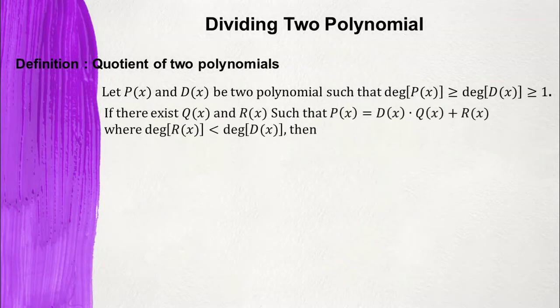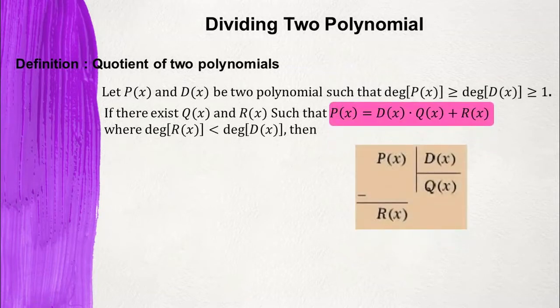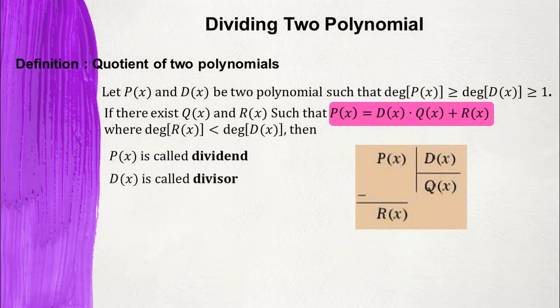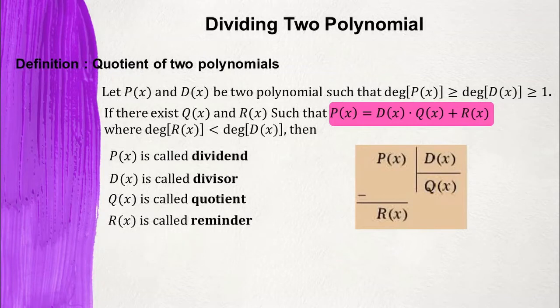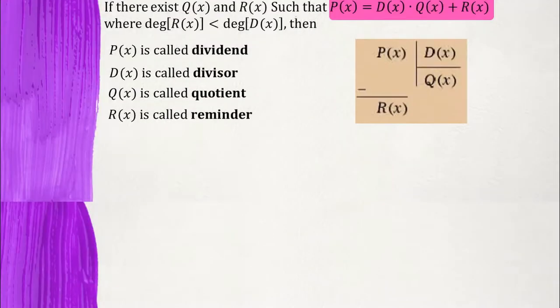If there exist k(x) and r(x) such that p(x) equals d(x) times k(x) plus r(x), where the degree of r(x) is less than the degree of d(x), then we have the formula p(x), d(x), k(x), r(x), where p(x) is called the dividend, d(x) is called the divisor, k(x) is called the quotient, and r(x) is called the remainder.